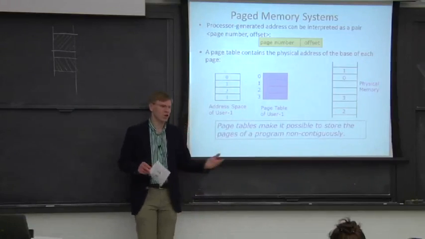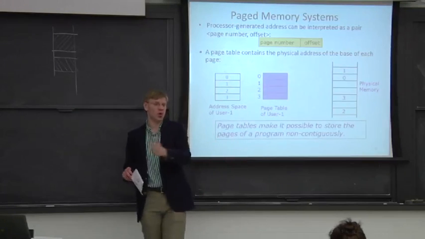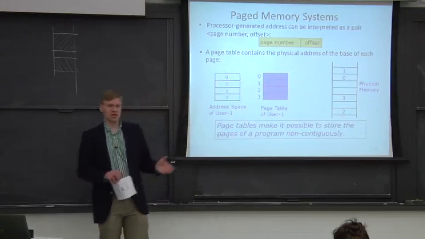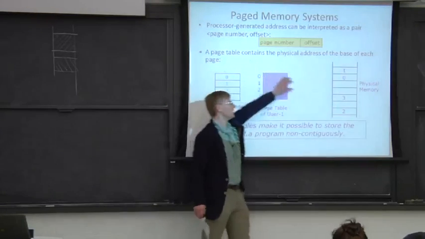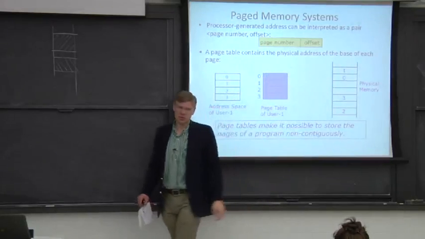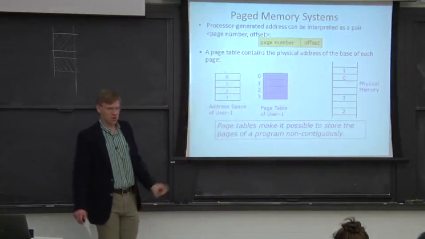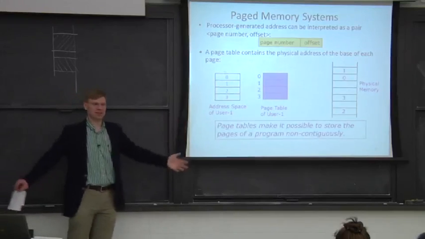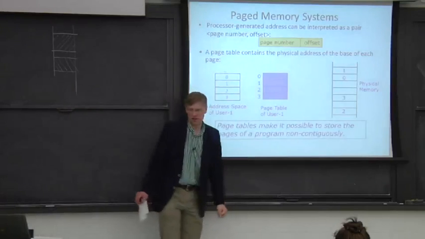I think you can go anywhere from 4 kilobytes, by powers of 2, all the way up to maybe 4 megabytes. So you can have different page sizes. But for right now, let's just abstract that and say there's a fixed size of some small number of kilobytes. Actually, the first original machines had these be even smaller, maybe about 512 bytes. But as memory got bigger, page sizes could get bigger. We'll talk about why you might want bigger page sizes.